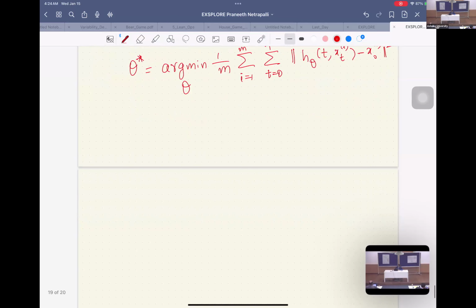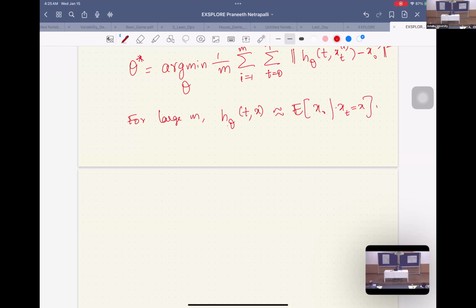And in particular, what will this do? For large m, h theta of t comma x is roughly equal to the expected value of x0 given xt is equal to x. This is what we got from Tweedie's formula above.